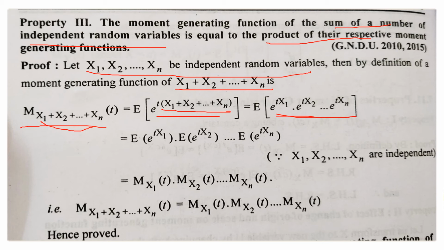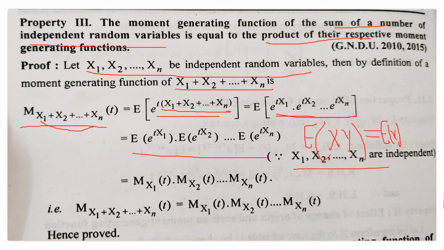Since the variables are independent, this expectation can be broken into this part, because if X and Y are two independent variables, we can easily write the expectation of the product as the product of expectations. If two variables are independent, we can break them into product form. So what is this? This represents the moment generating function of X1. This represents the moment generating function of X2. This represents the moment generating function of Xn. So the MGF of the sum of variables is the product of their moment generating functions.